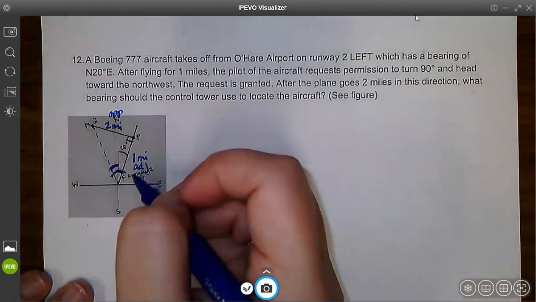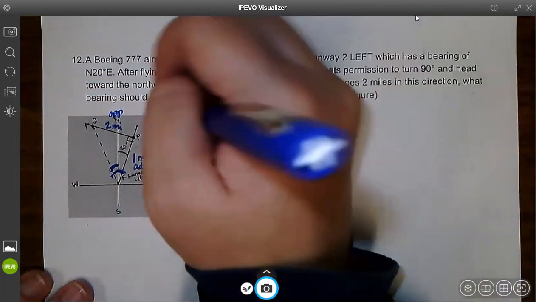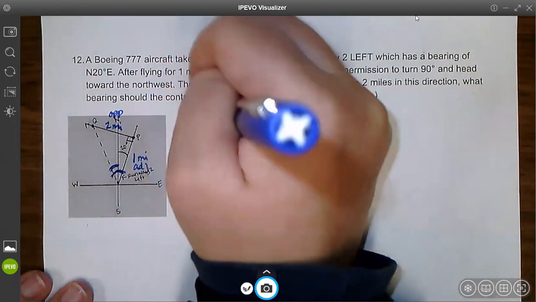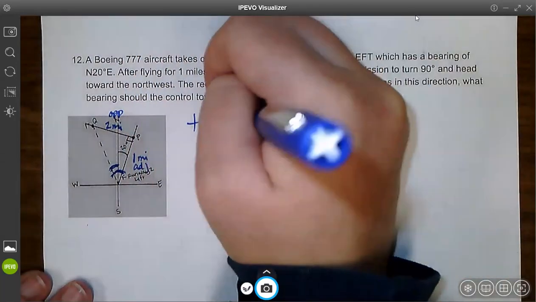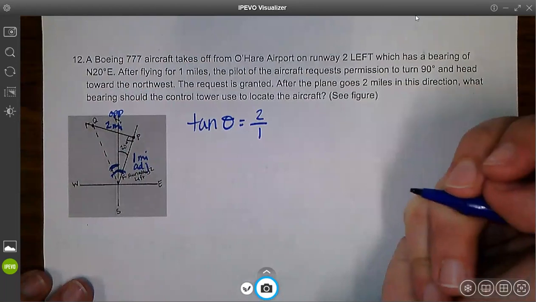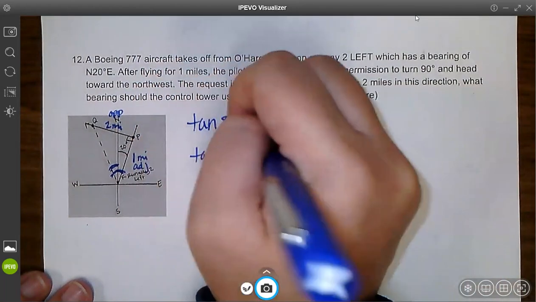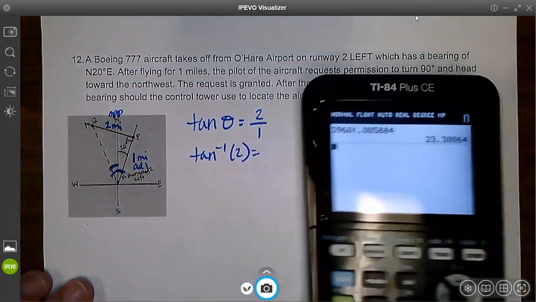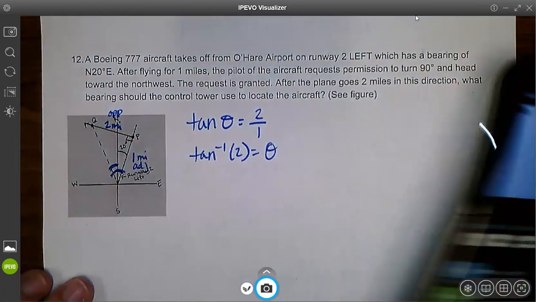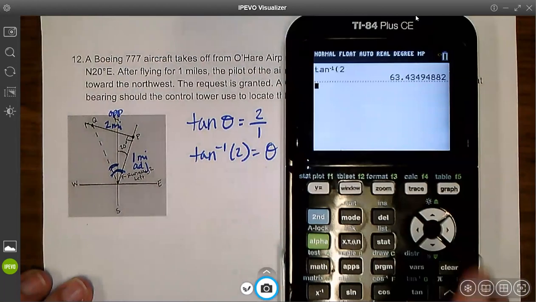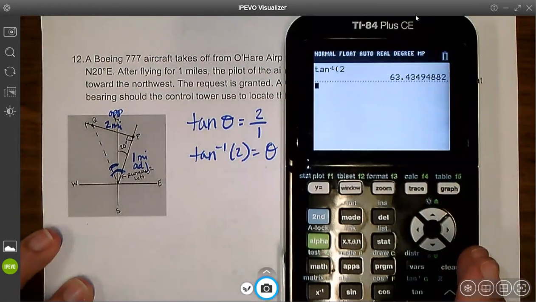So I'm going to say the tangent of this angle that I'm going to call theta is equal to my opposite over my adjacent. So I'm going to take the inverse tangent of 2. Inverse tangent of 2 gives me 63.4 degrees.